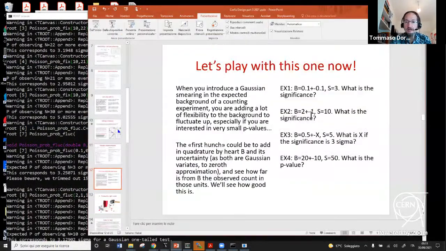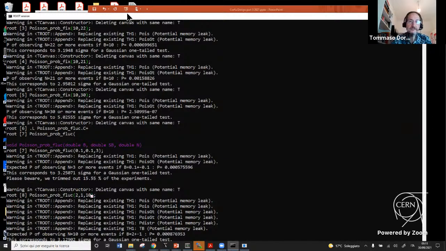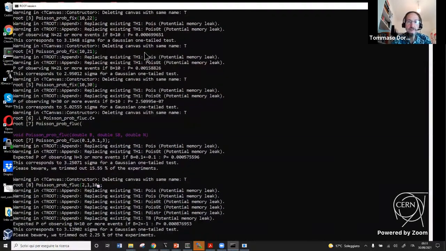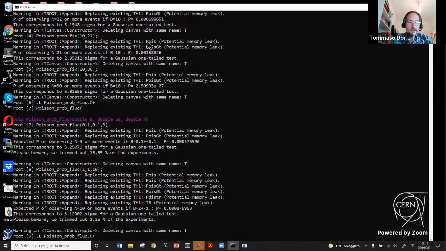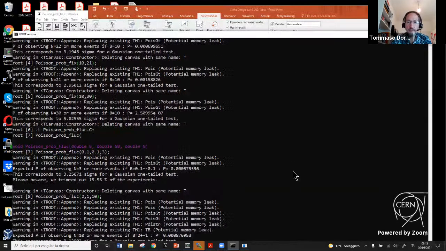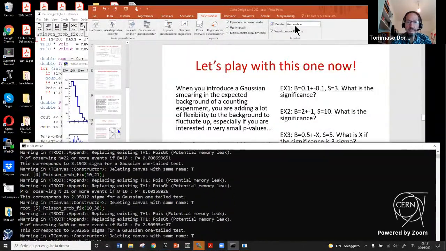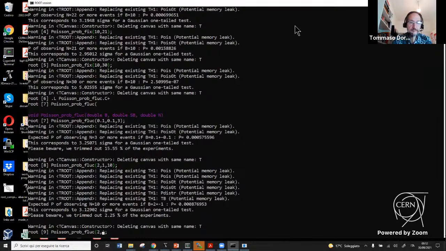So the numbers here are 0.5, X, and 5. So let's try a few numbers and see when we get to 3 sigma. So 0.5, something, and 5. 3 sigma.